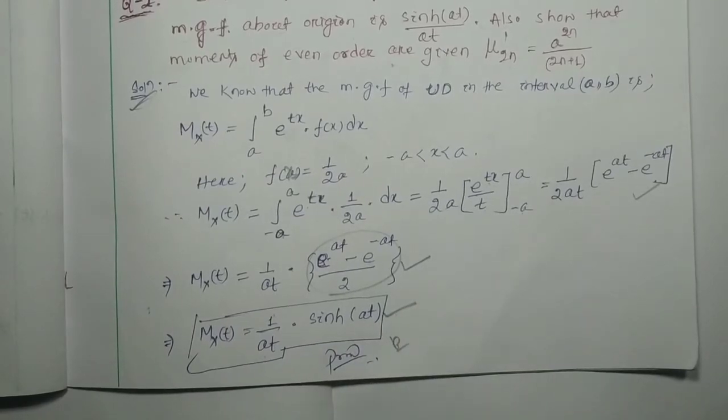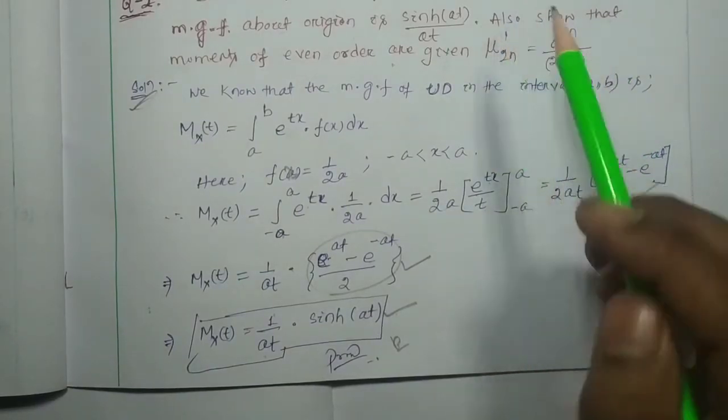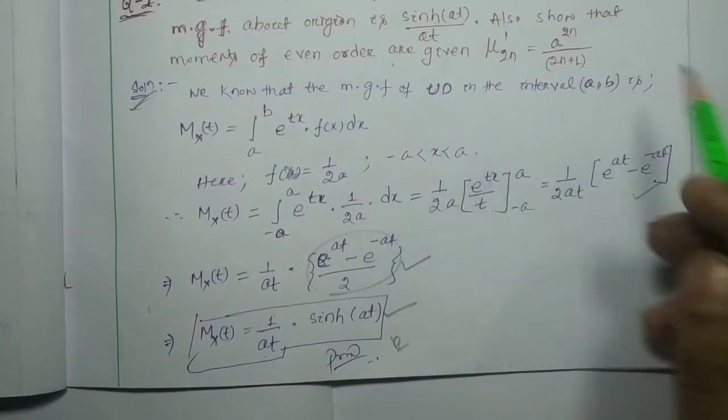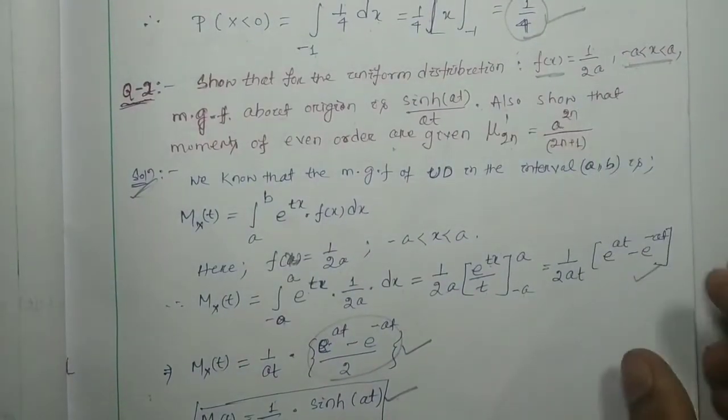Now we have to show that the moments of even order about the origin will be a to the power 2n by 2n plus 1. See how we are going to do this.